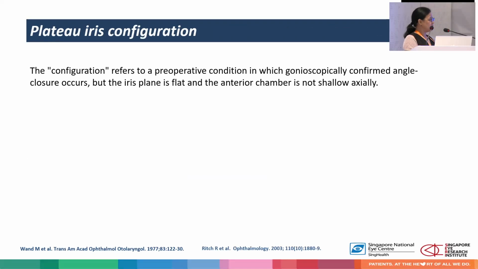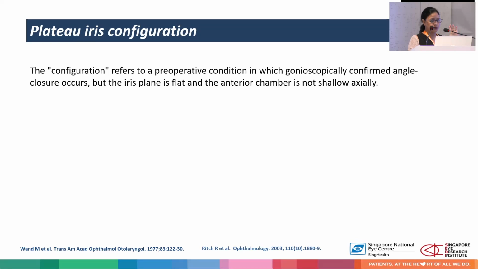So the difference between plateau iris configuration and plateau iris syndrome: they have very similar findings, except that plateau iris syndrome is the same findings in an eye with a patent iridotomy.